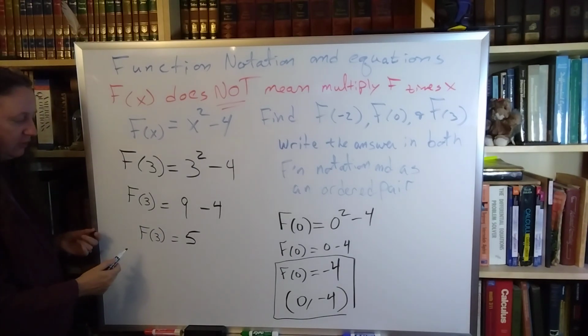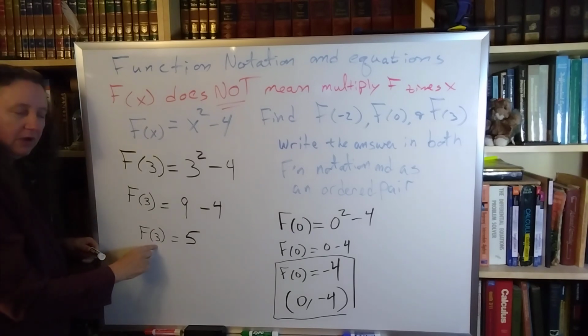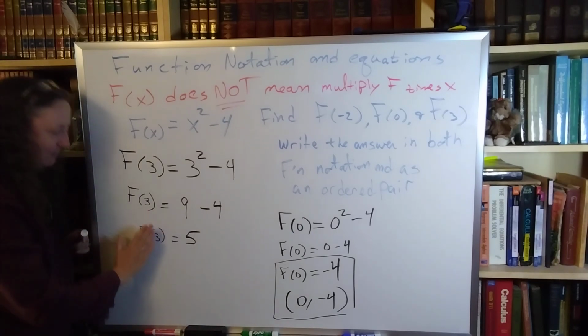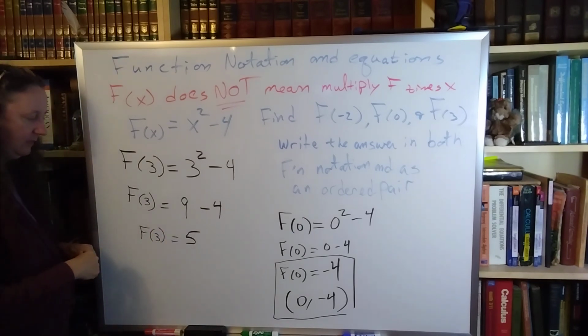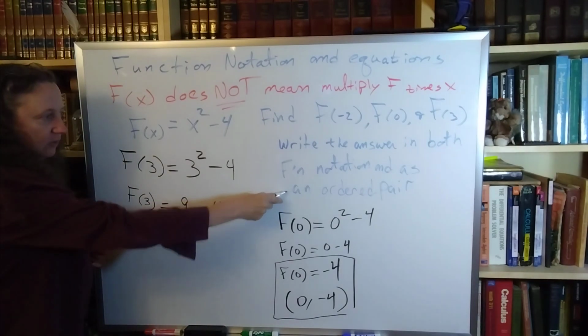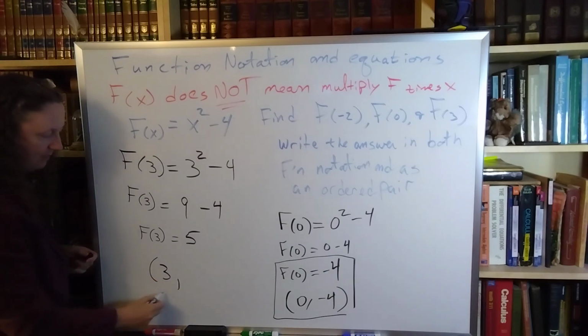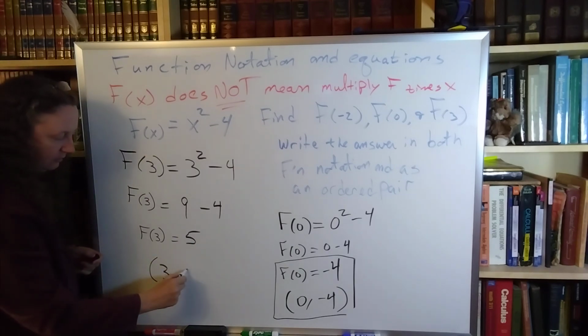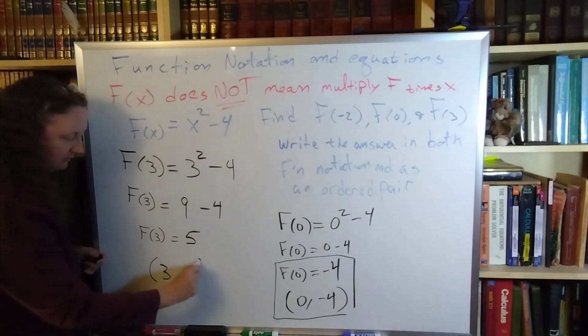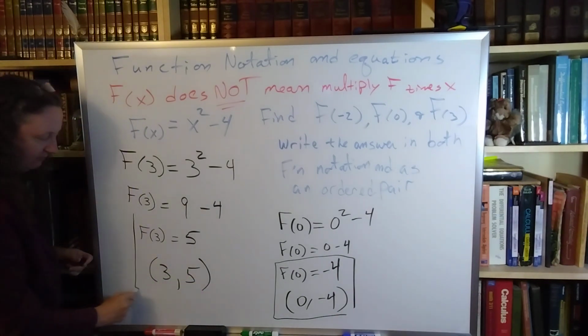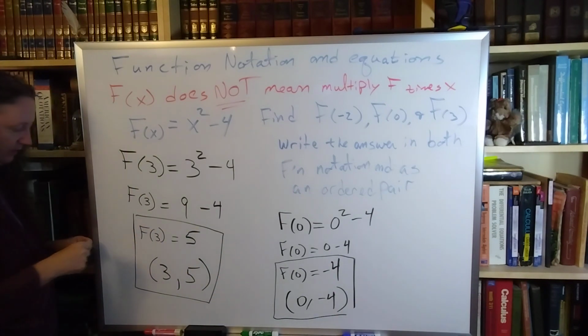The answer is in function notation. I do not divide that 3 over. I keep it as it is. Writing it as an ordered pair, my x value is 3, comma, my y value is 5. So I have my 2 answers right there.